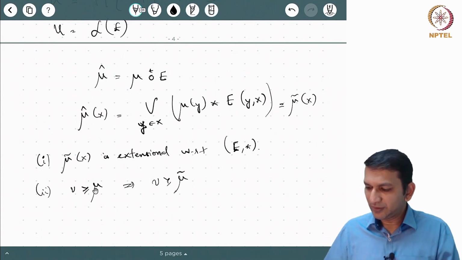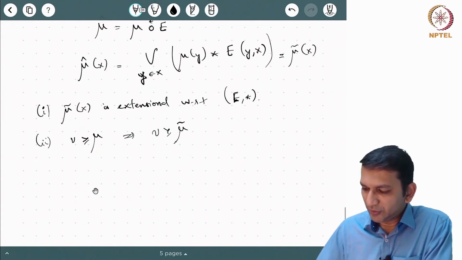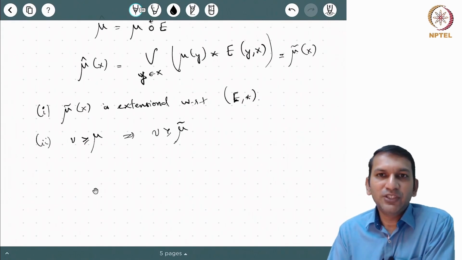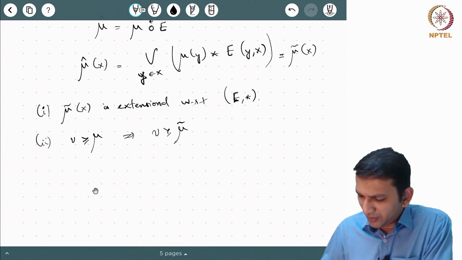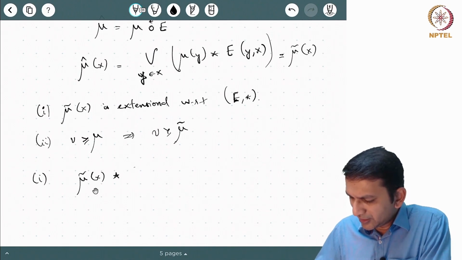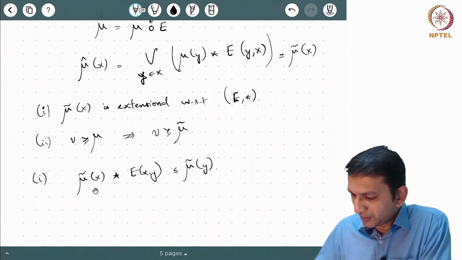So mu tilde is essentially the smallest extensional set with respect to E which contains mu.